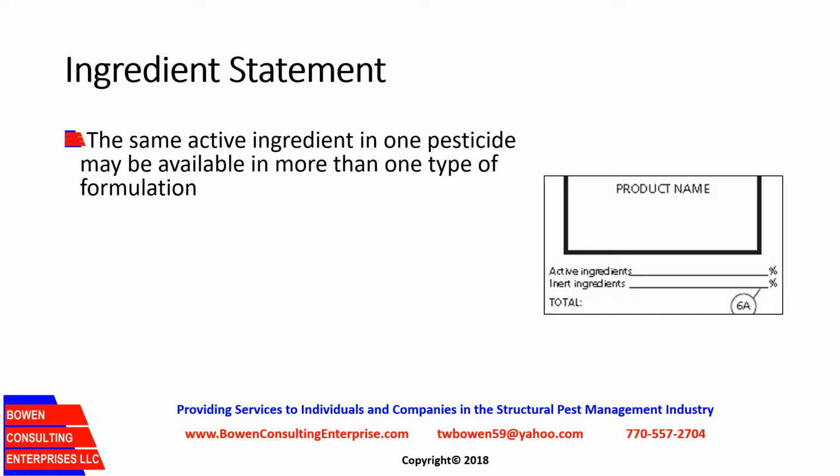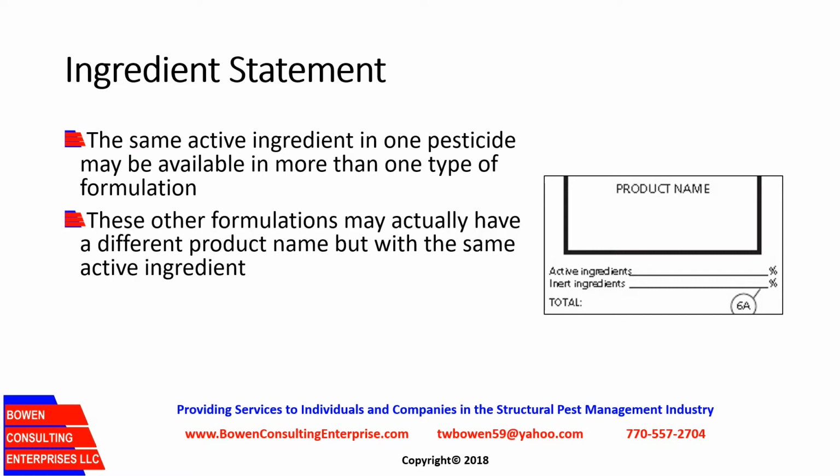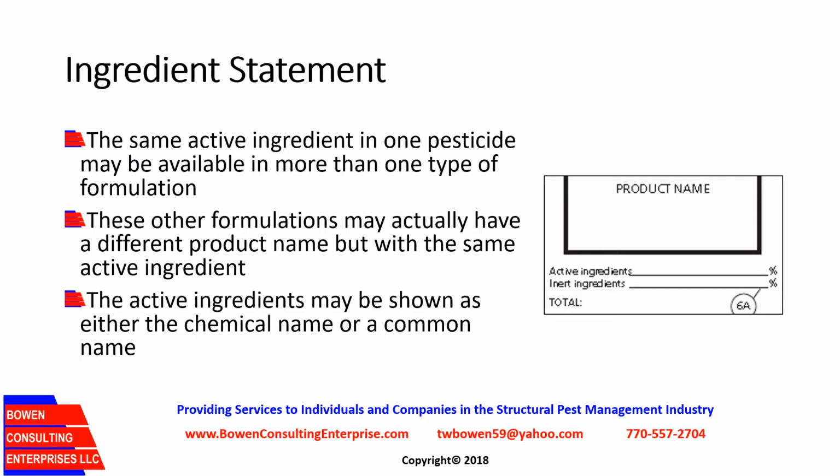The active ingredient found in one pesticide formulation may actually be found in different formulations, and these other formulations may have a different product or brand name. Active ingredient names are shown as either the chemical name or the common name of the active ingredient.